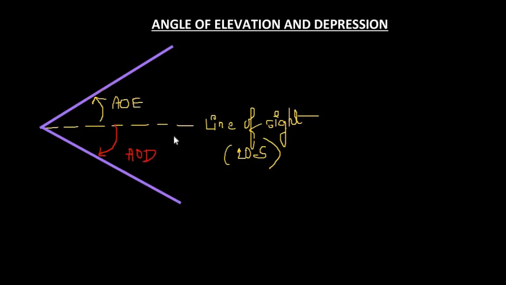So this is the only basic thing you have to remember. When you look straight, this is called the line of sight, and if you are looking above with respect to the line of sight, it's called angle of elevation, and if you are looking below with respect to the line of sight, we call it angle of depression.